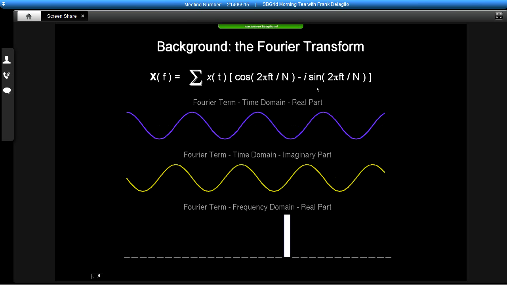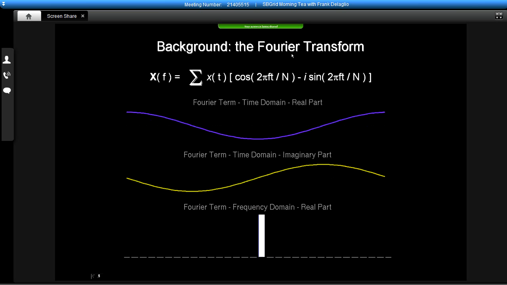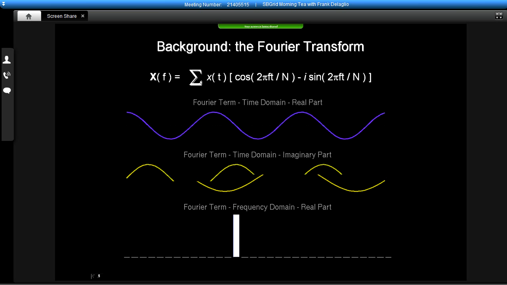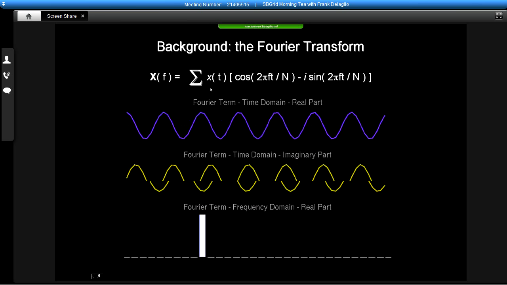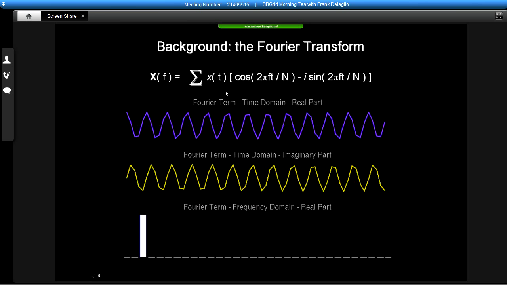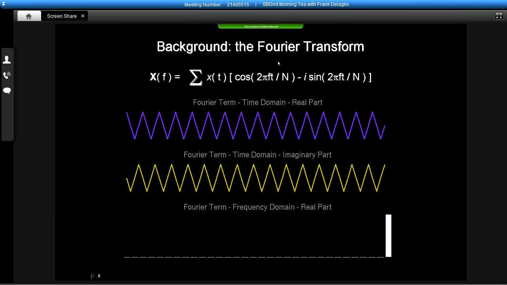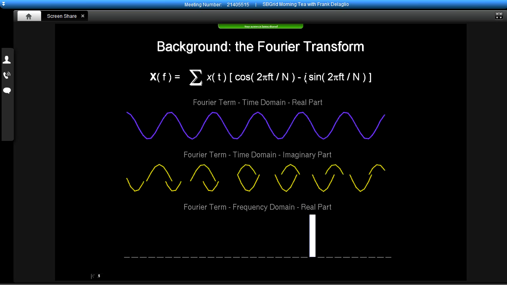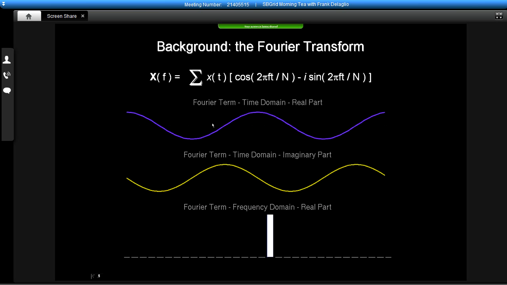So the Fourier transform, in the form that we use it, multiplies domain data, which is this x of t, by a series of Fourier terms, which is a real part, which is a cosine, and an imaginary part, which is a sine part. And those are shown here.